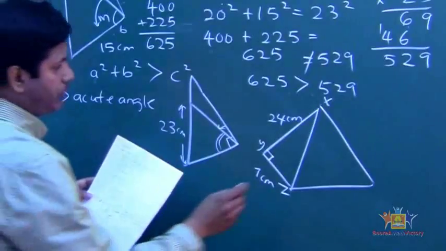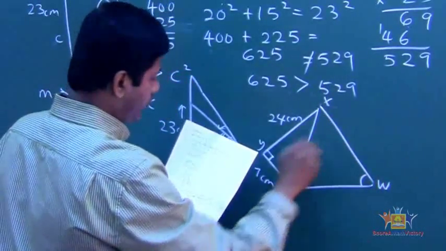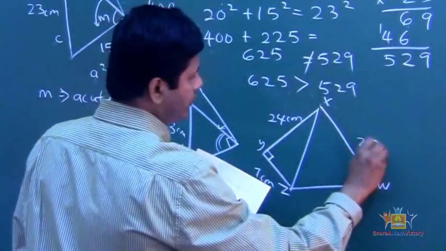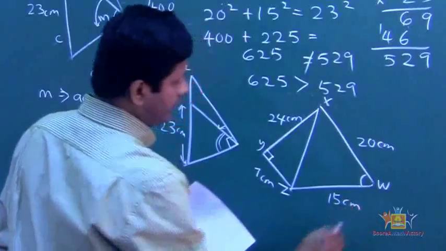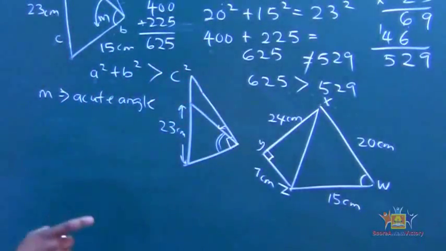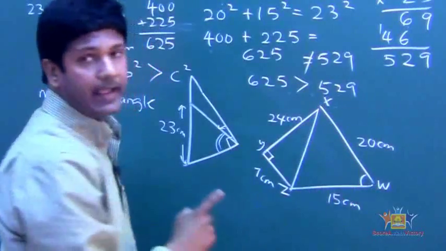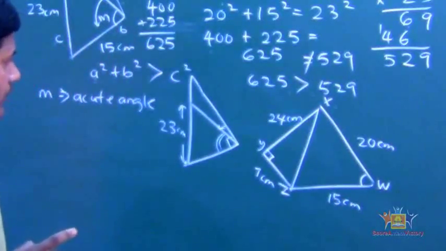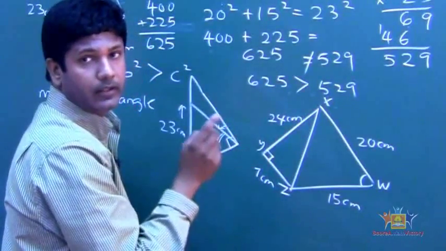Now they want us to prove that XWZ is also a right angle triangle, and given this is 20 centimeters and this one is 15 centimeters. So how do we prove that this triangle, XWZ, is a right angle triangle? We already been told this one is a right angle triangle.